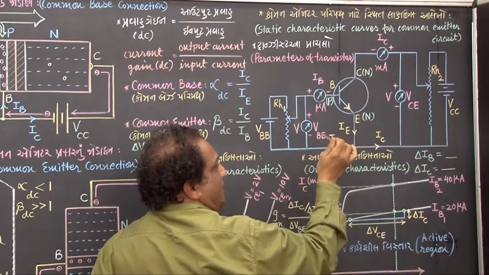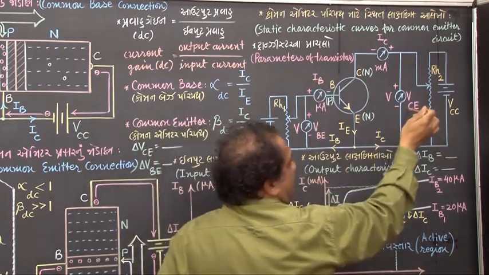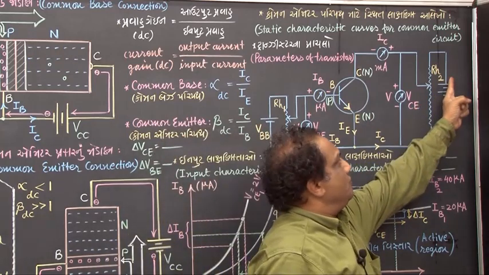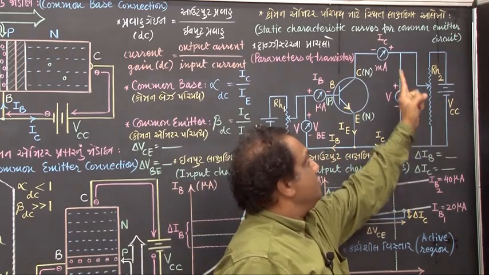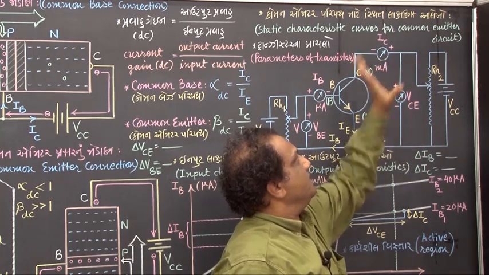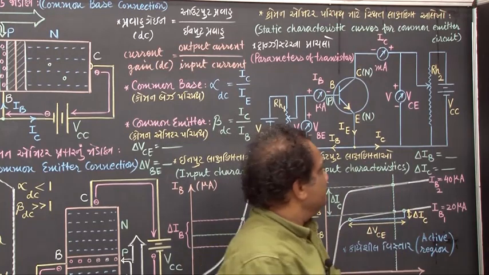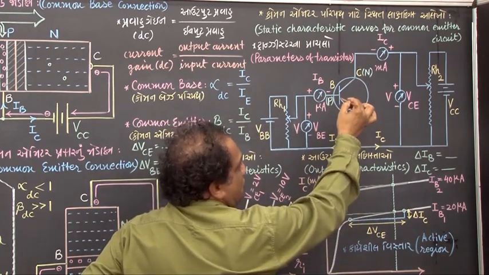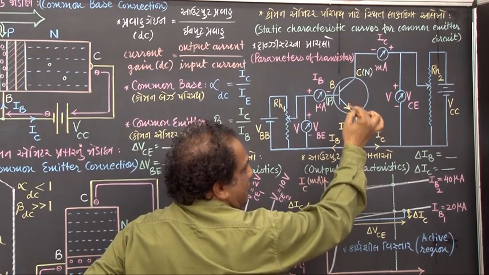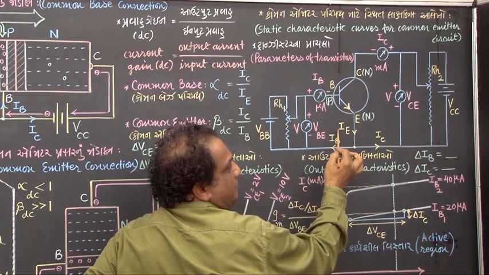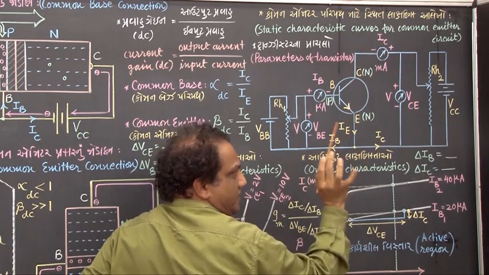When upper terminal is positive, here we should show positive sign, here also positive sign, here positive, then here negative. Got it? Now, in the direction of this arrow, you should start the current, and because that current is coming from emitter, we give it symbol IE, that is emitter current.